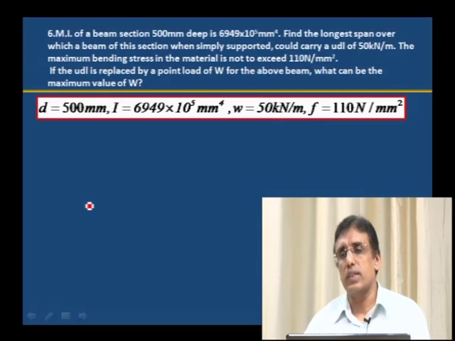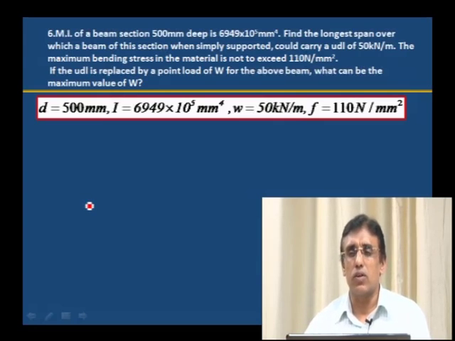Another common definition for Z is Z is equal to I by Y. I is there, and Y is the maximum distance from the neutral axis. For a rectangular section, the maximum distance is D by 2. Here D is 500 mm, therefore Y will be 500 divided by 2, that is 250.